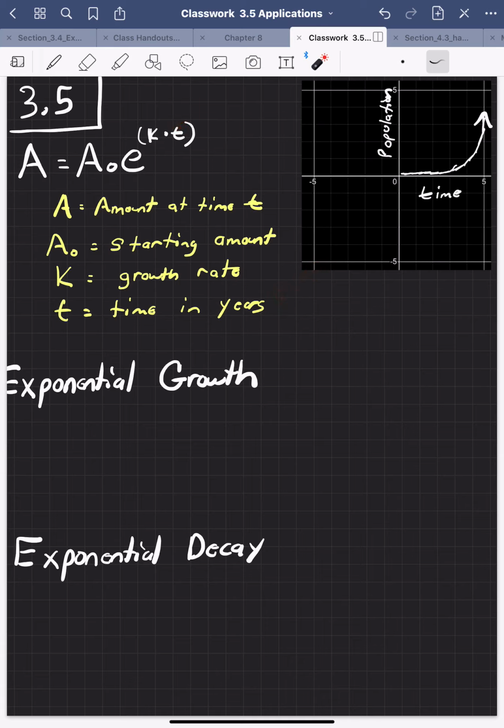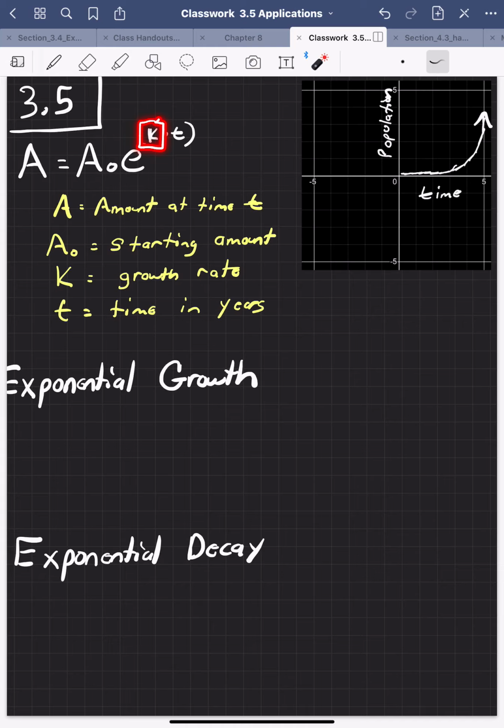So what is it that determines whether it's going to be population growth or decay, right? Population growth, population decay. What is it in here that determines whether you're dealing with growth or decay? Well, the variable that determines growth or decay is this.